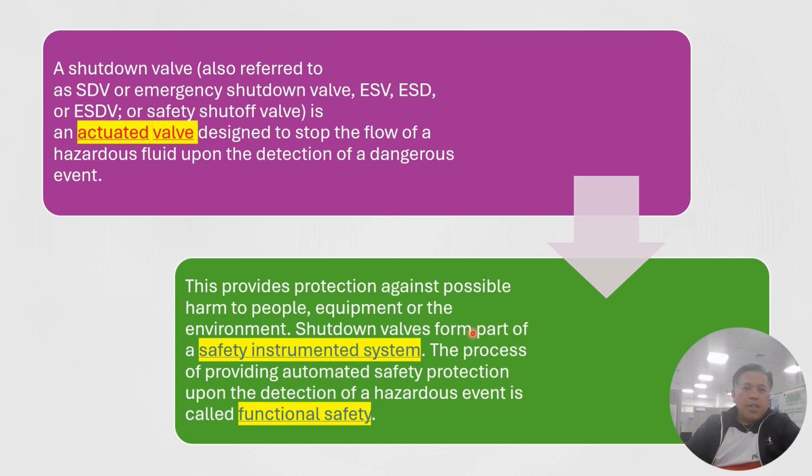This provides protection against possible harm to people, equipment, and the environment. Shutdown valves form part of the safety instrument system. That's why when we do the FAT activities, functional acceptance testing, we do the testing through our control, using our HMI or our program, to verify the trip and closing of our system.